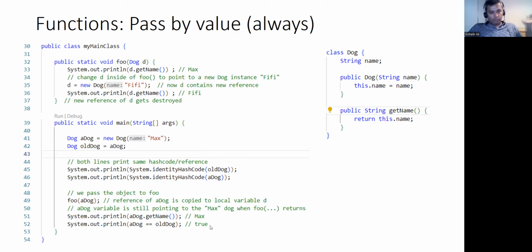In this case it is equal, because you see in these two lines it will print some unique integer. So if you pass anything to a function, that thing is basically copied to the local arguments of your function.